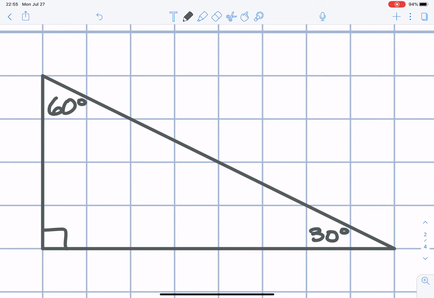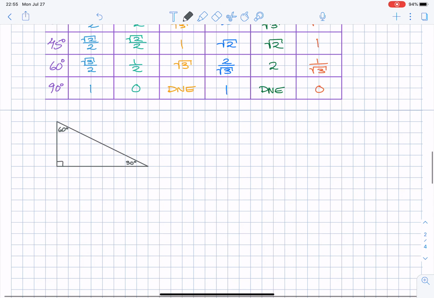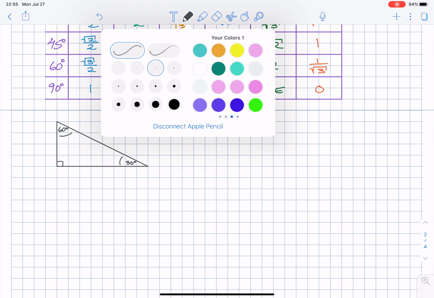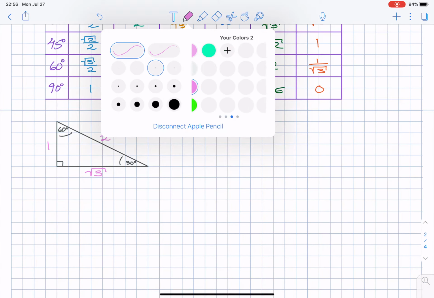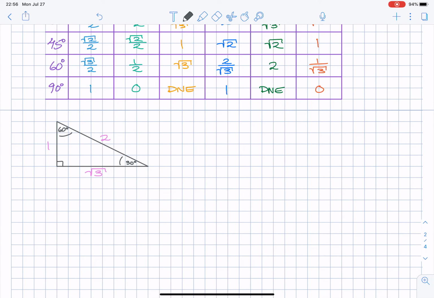Okay. So we know that the ratios are 1 to the square root of 3 to 2 in a 30, 60, 90 right triangle. What else do we know in a 45, 45, 90 right triangle?